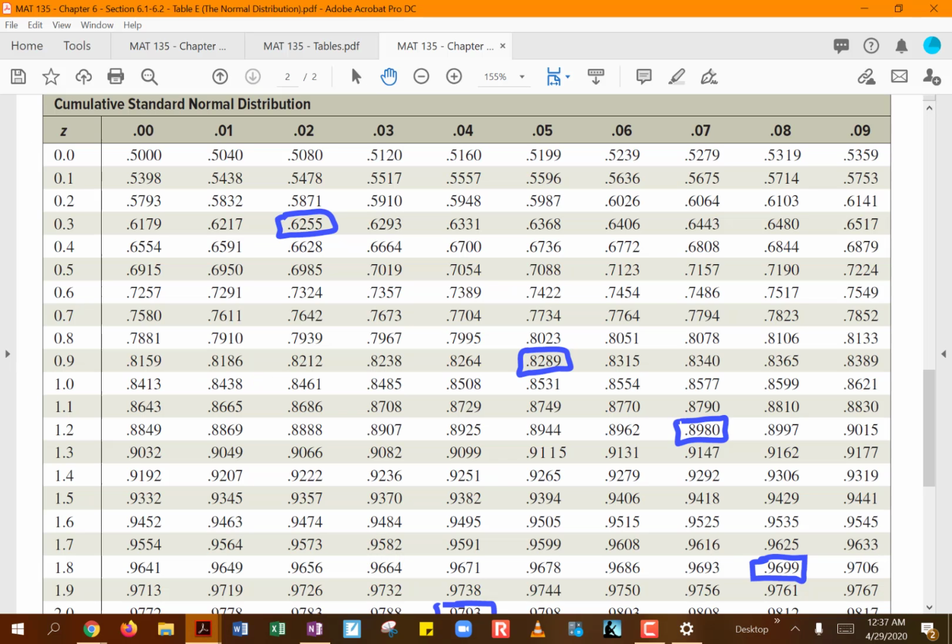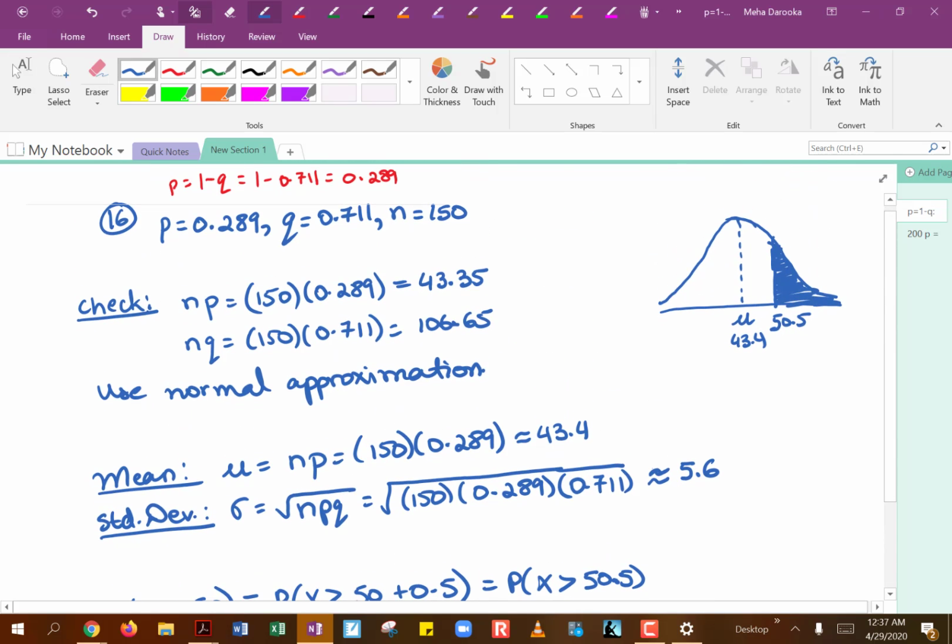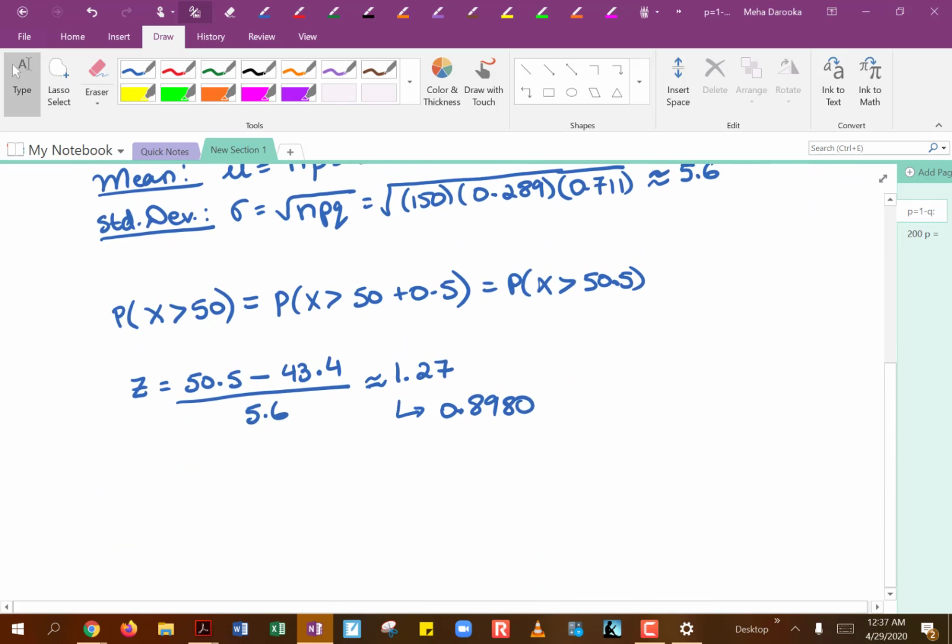Now, of course, this is always going to be the less than value. We're interested in the greater than, so for our greater than, we would have to do 1 minus 0.8980, and that will come out to be 0.102, or basically 10.2%.